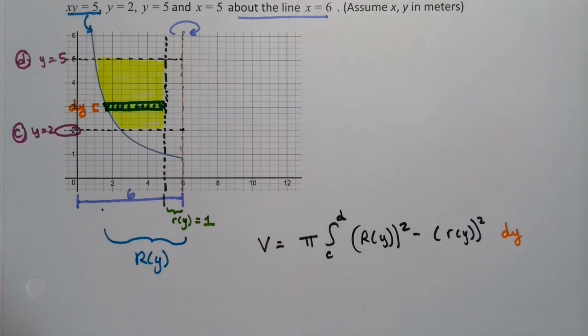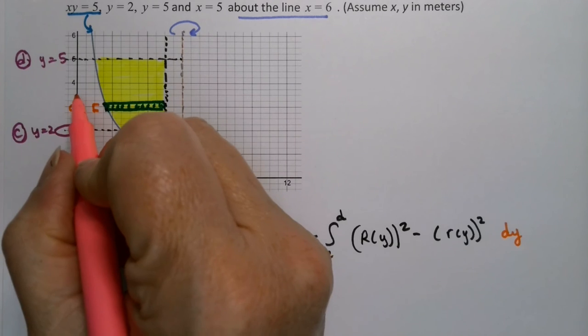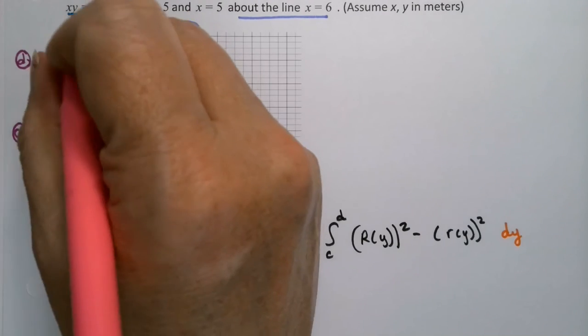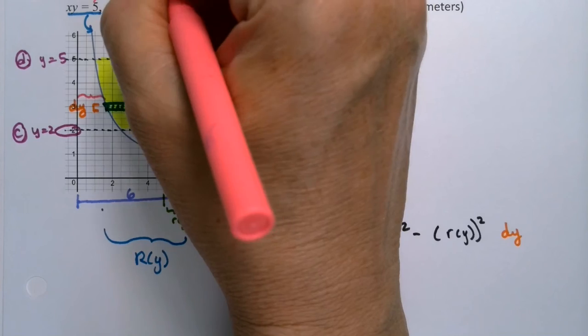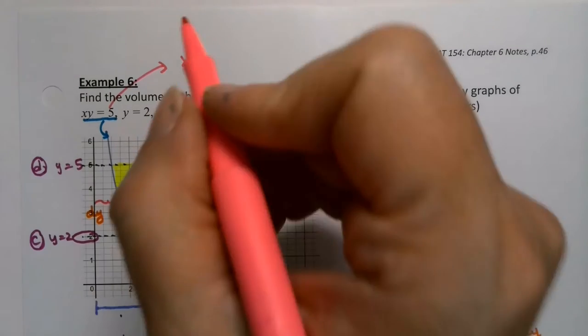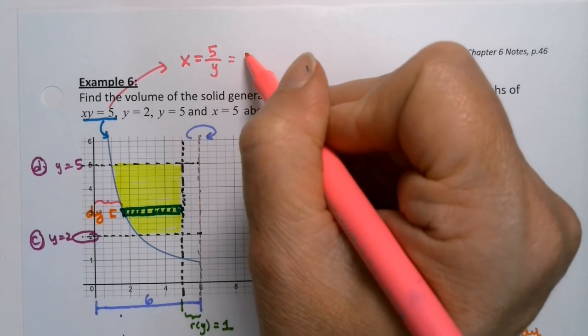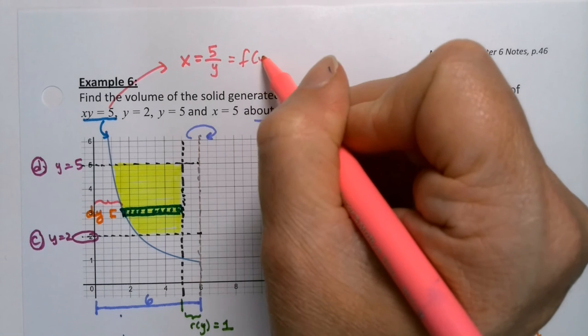So the axis is over here, the y-axis. And that distance from that axis out to that curve right here, if I solve this for x, is x equals 5 over y. That's a function in y. I'm just going to call it f of y right there.